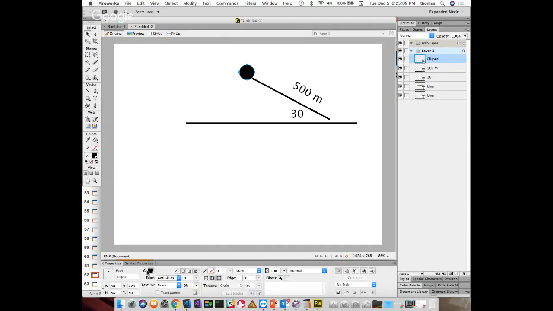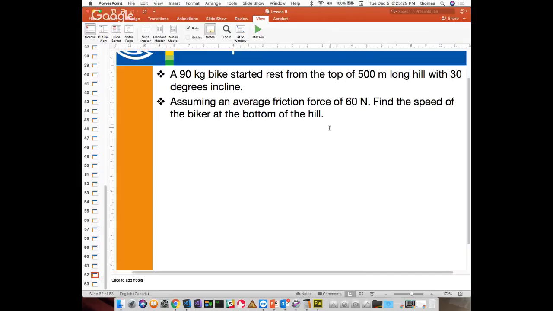It should be empty inside. And there's a circle at the top of the incline. Think about this as a bike wheel. It's the bike on top of the incline.